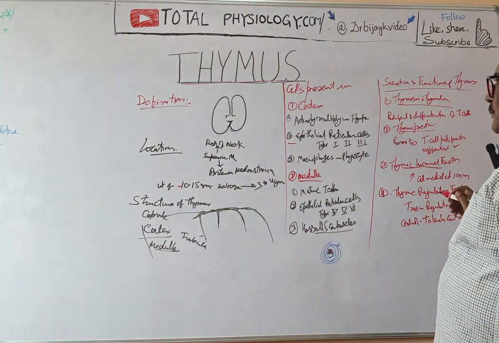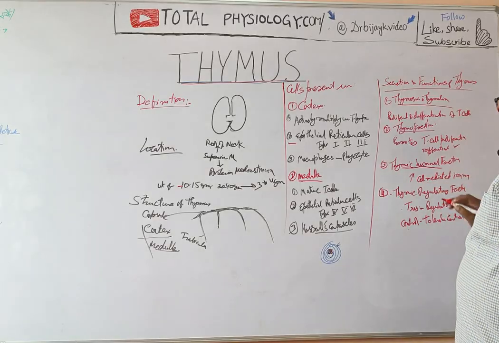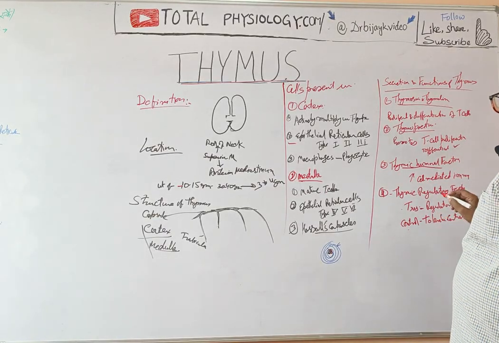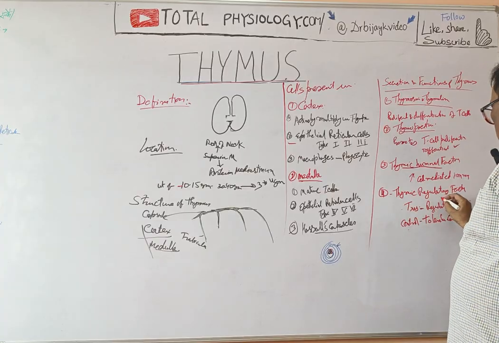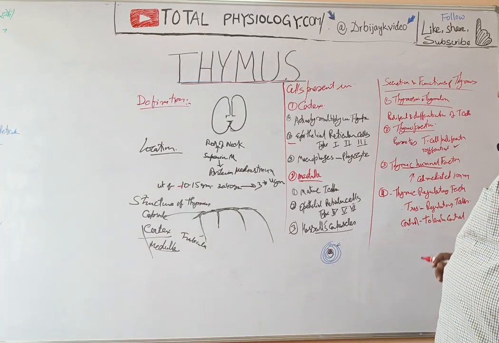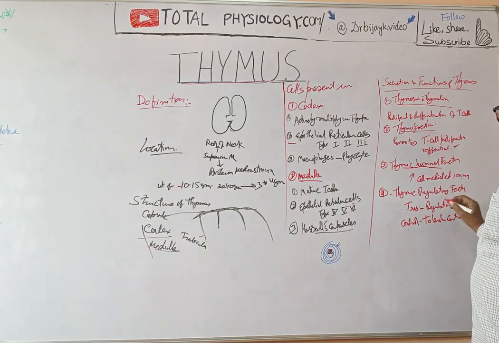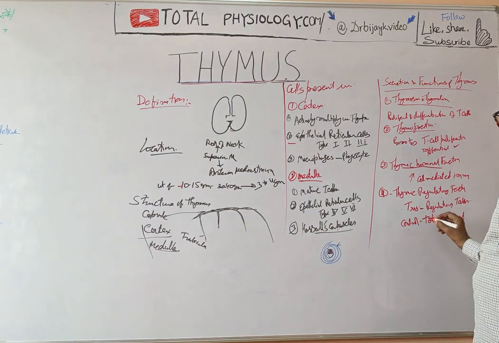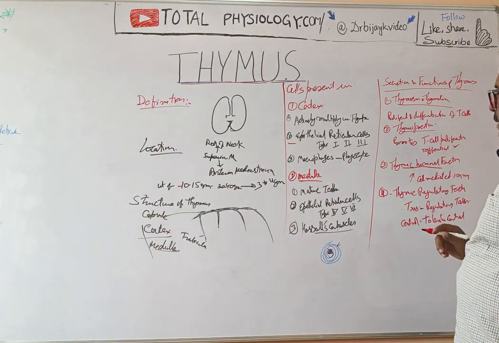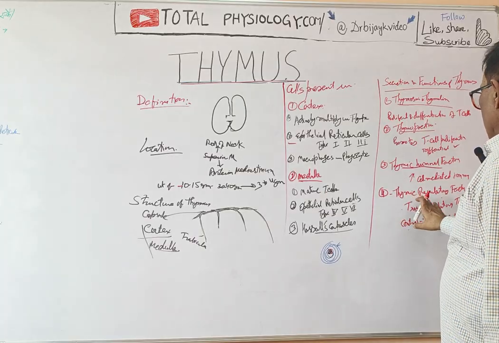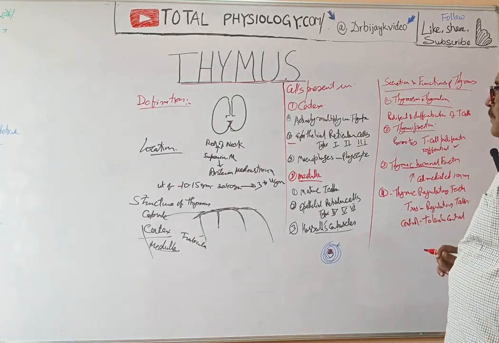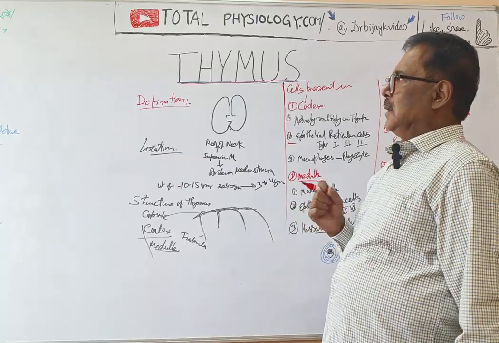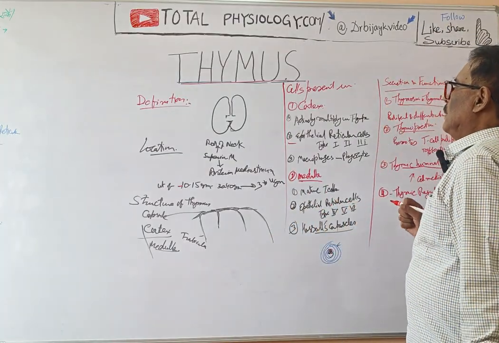Then thymic humoral factor increases cell mediated immunity, and regulatory T cells are stimulated by Hassall's corpuscles. This causes central tolerance, through thymic regulatory factor. So this is in short about thymic function.